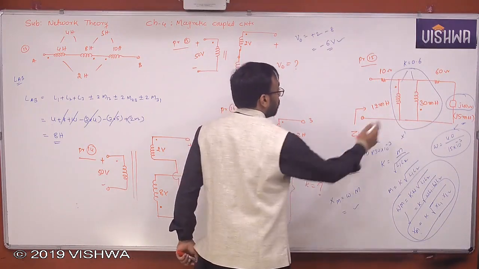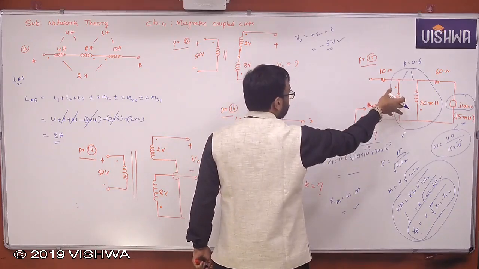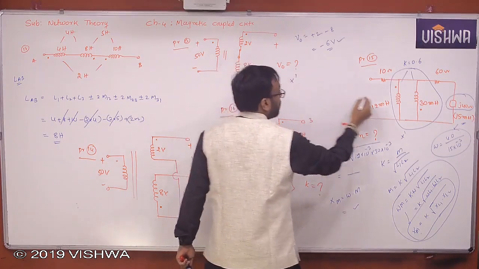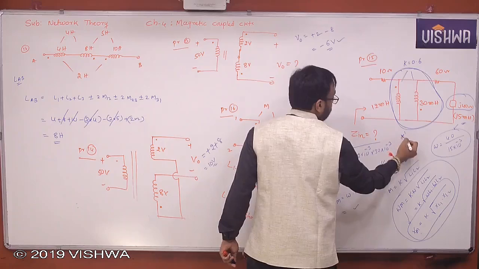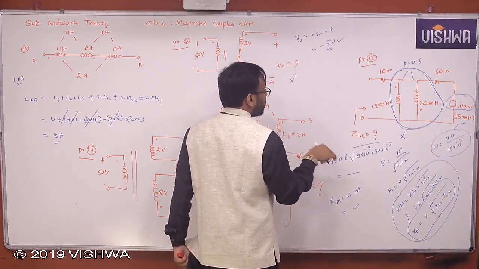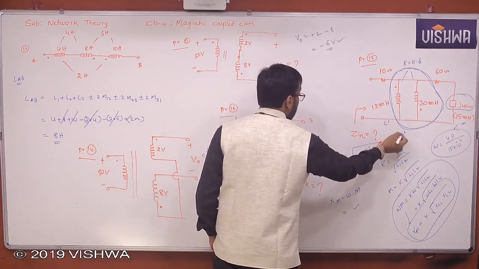Once you know Xm, you see how you can determine. This is a parallel combination. This is a parallel combination. X equivalent, that means X dash. What is this simplification? Tell me. X dash can be determined, or else you can find L dash first, then you find X dash.